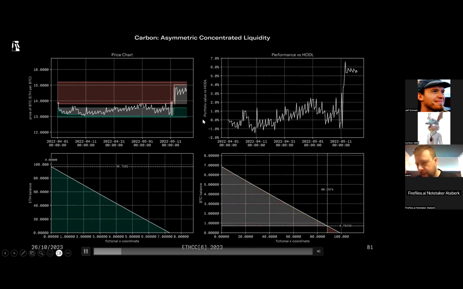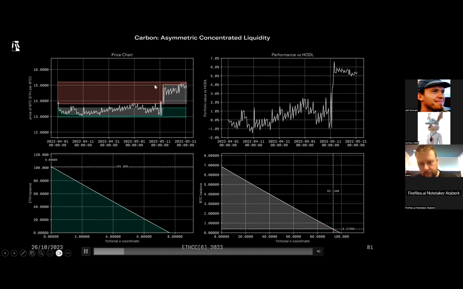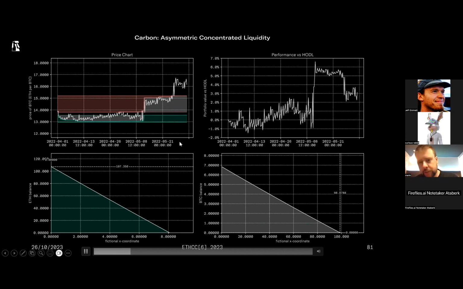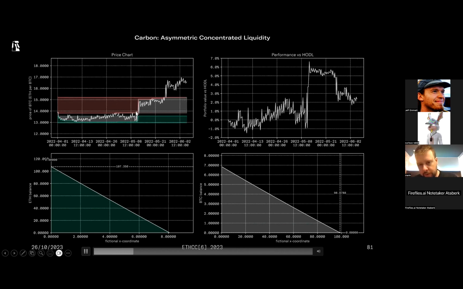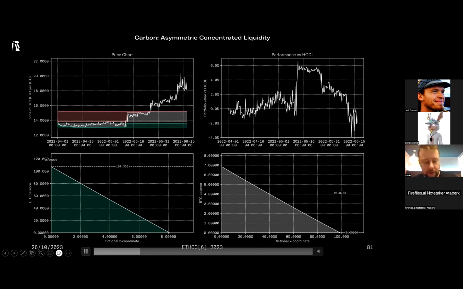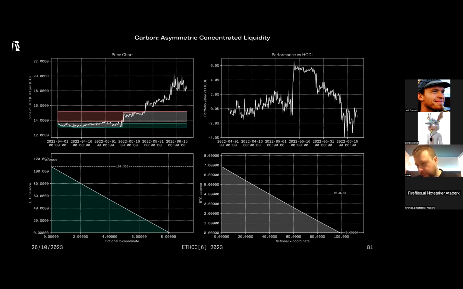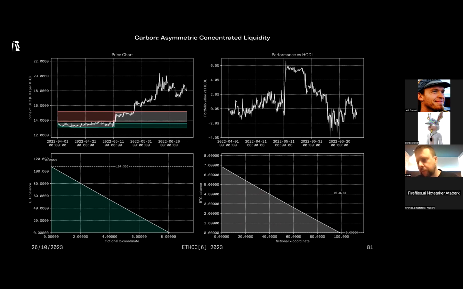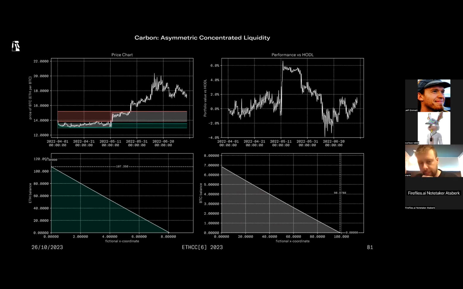So other than that, I think, once you've wrapped your head around that concept, the rest of what you're seeing here should make more sense. But yeah, this is a dramatically different way of thinking about concentrated liquidity and the way that it can be used to create different things.